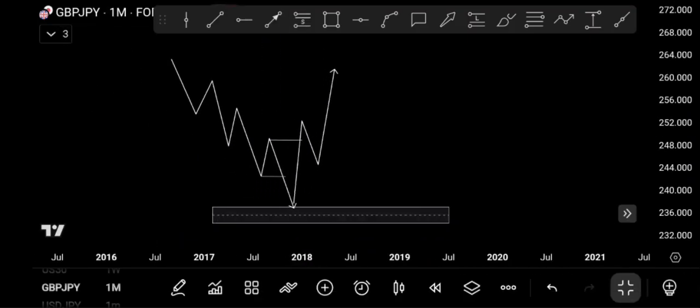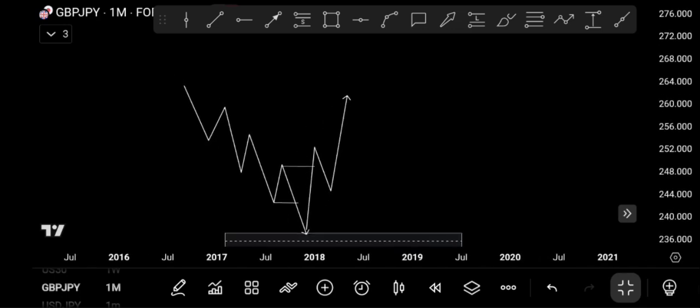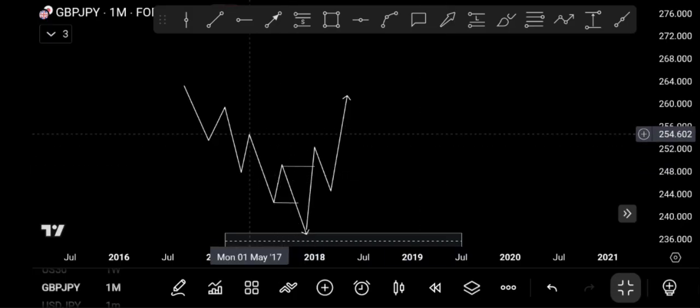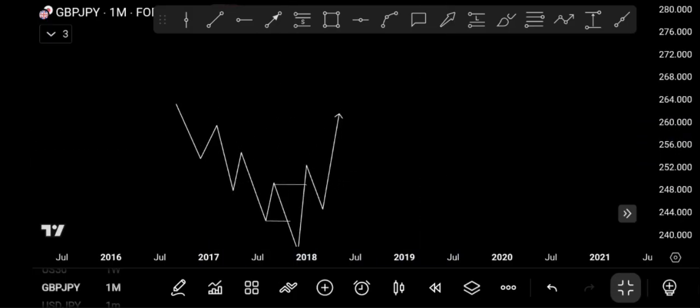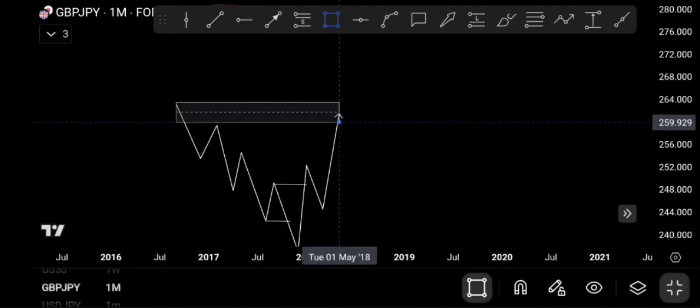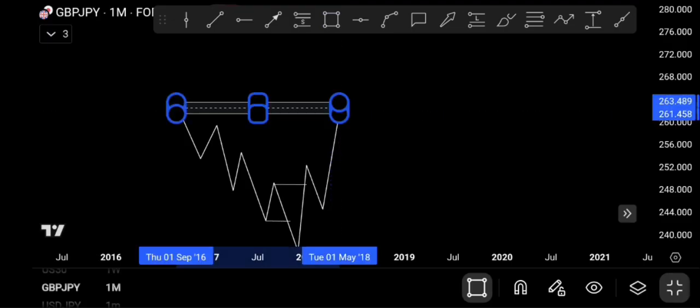You understand? So what happened here now? Price will cleanse, sweep out all these liquidity points and go towards another supply zone right here.